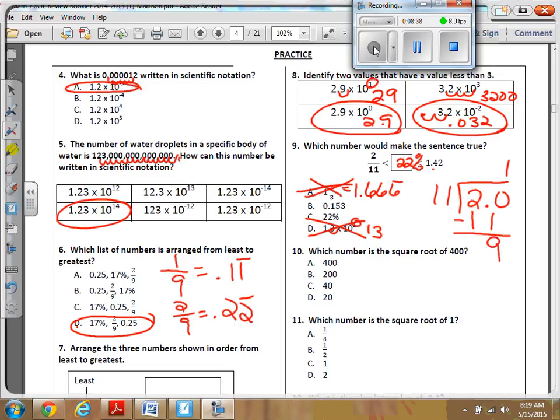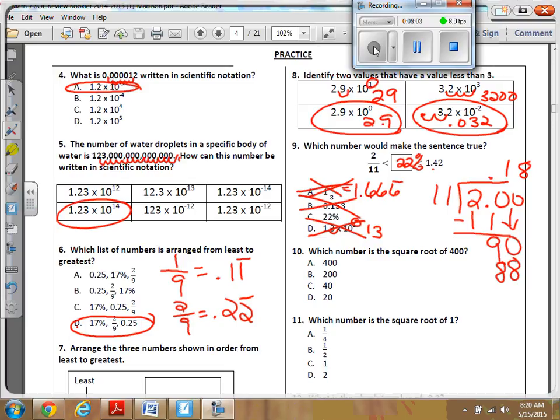Can 11 go into 9? So you add a 0. Can 11 go into 90? How many times? Okay, so then that would be 88. Do I even need to go any further? Because isn't 0.15 already less than 0.18? So then it can't be B.